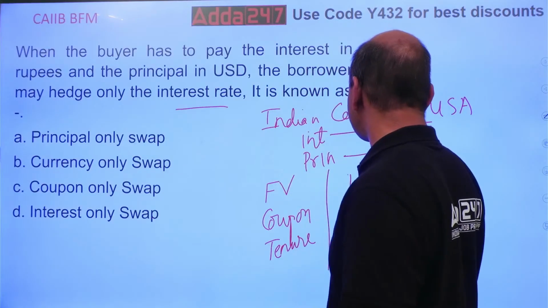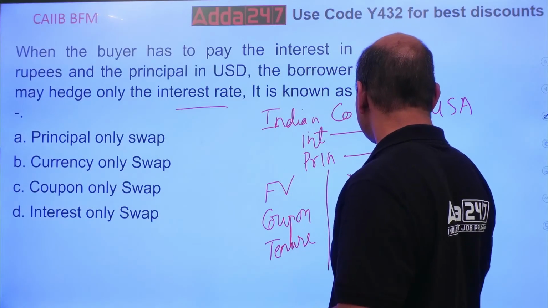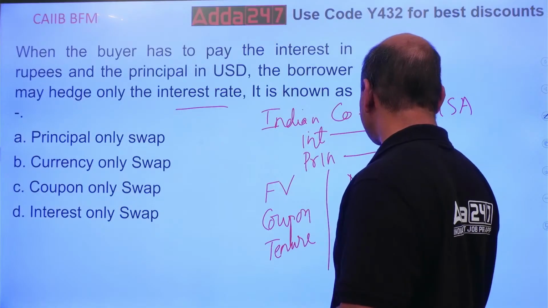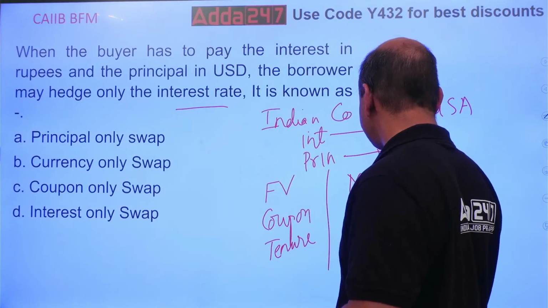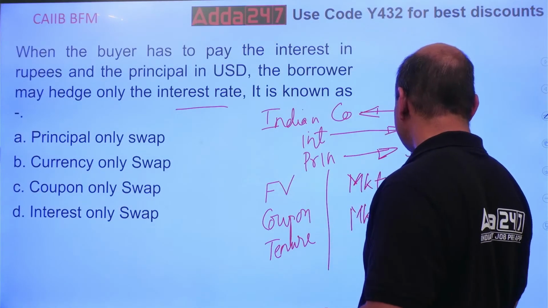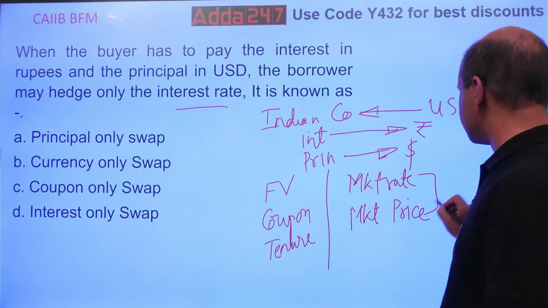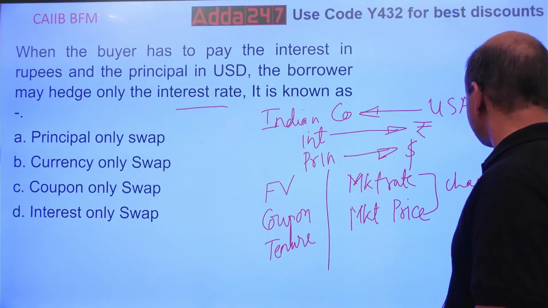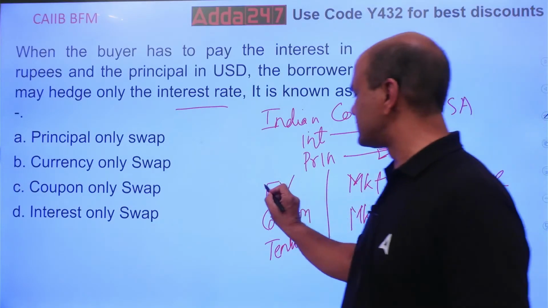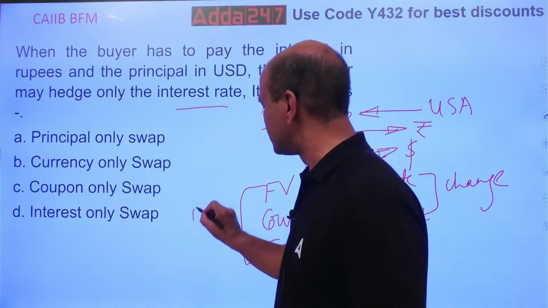Next, market rate and market price of that bond. So these are the 5 terms. Out of these, 2 always change, and these 3 never change. They are always fixed.